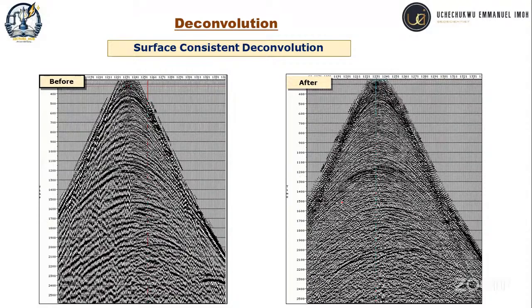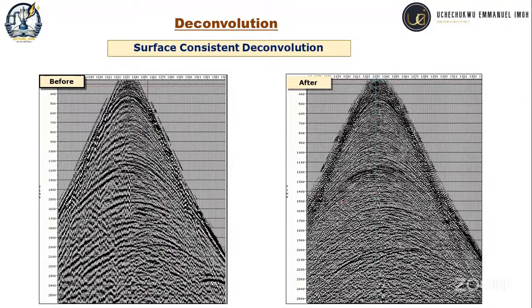You'll be wondering, is this where I should map the horizon or not? Is this event correct or not? But with properly deconvolved seismic data, the events are sharper, resolution is better, so you can map your horizons with more confidence.